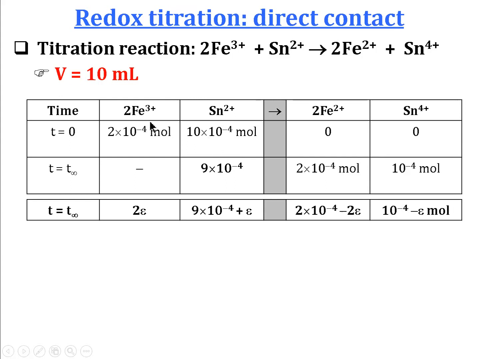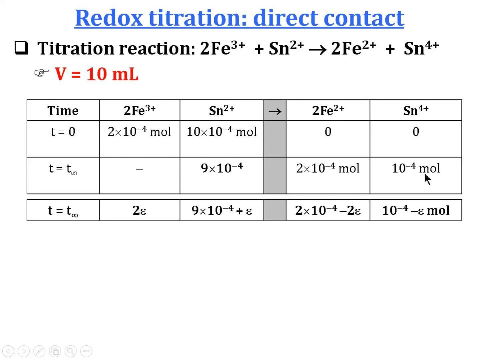Pay attention that Fe3+ reacted divided by 2 equal Sn2+ divided by 1. So we have 1 times 10^-4 mole of Sn2+ disappear, so we have 9 times 10^-4 mole remained. And we have 2 times 10^-4 mole of Fe2+ formed and 10^-4 mole of Sn4+ formed.